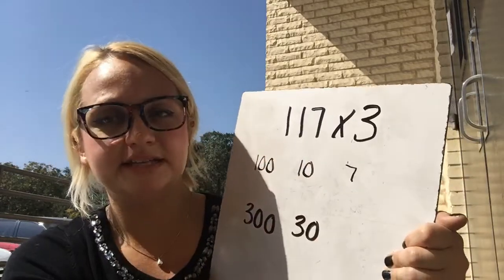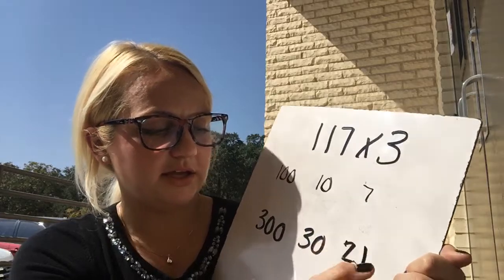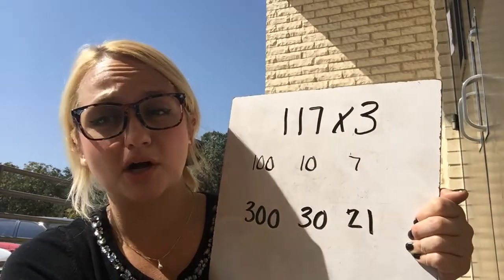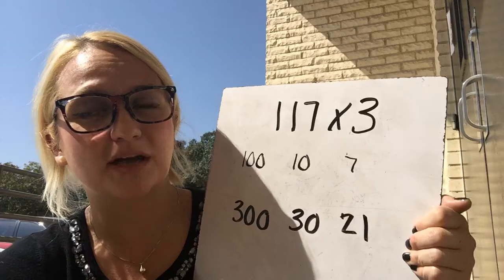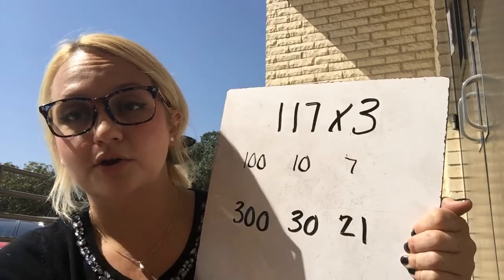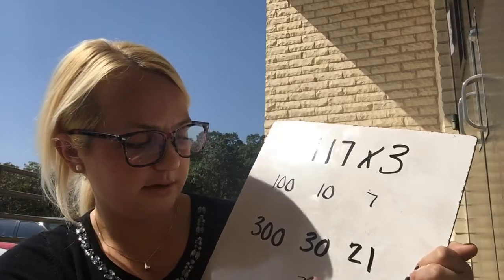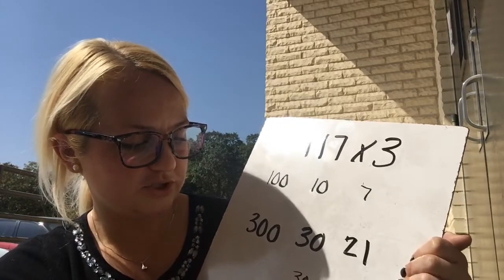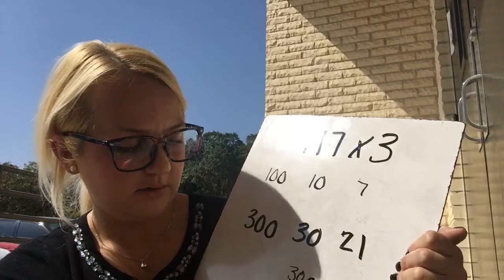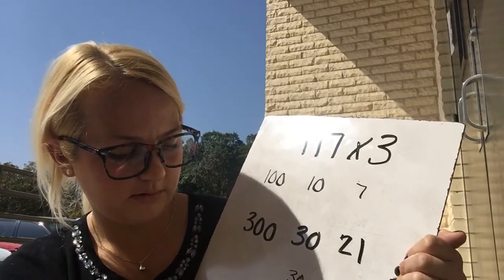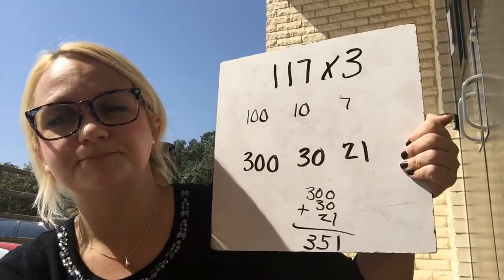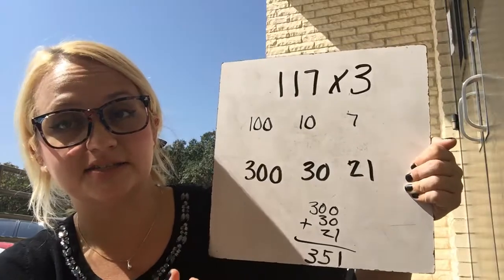And 7 times 3 is 21. Those are your partial products. What do you do with partial products to get your full answer? You put them together. So we have 300 plus 30 plus 21, 351 is your answer to this, okay?